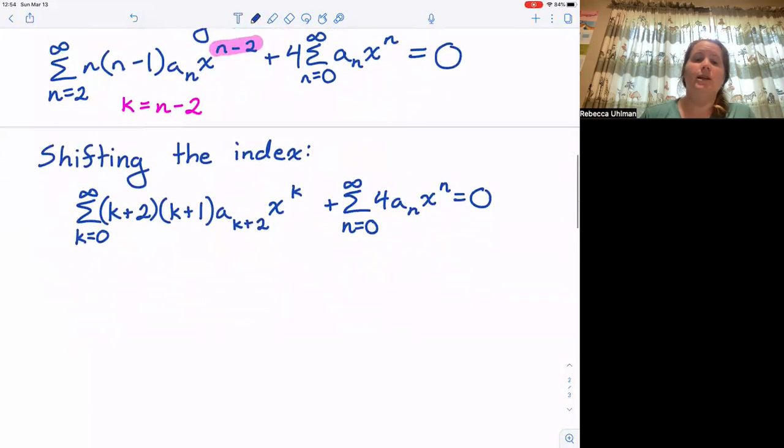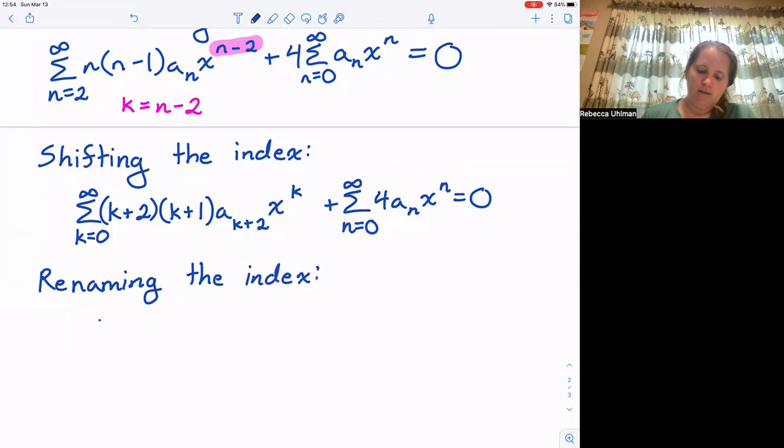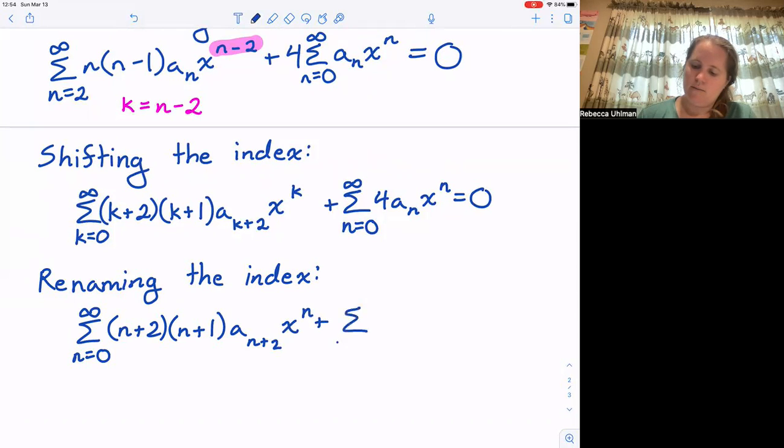Now let's go ahead and rename the index. So renaming the index, we have the sum from n equals 0 to infinity of n plus 2 times n plus 1 times a sub n plus 2 times x to the n plus the sum from n equals 0 to infinity of 4 times a sub n times x to the n should equal 0.